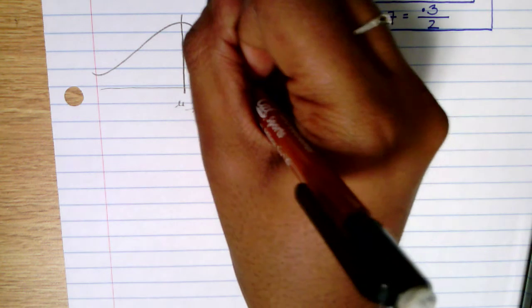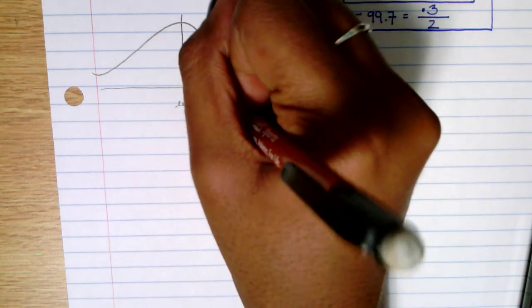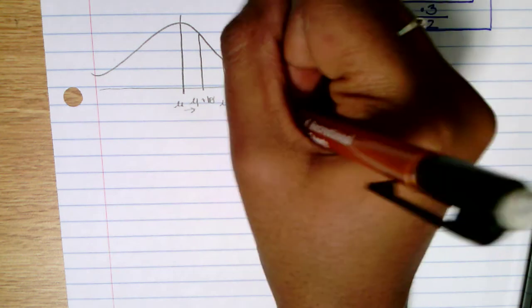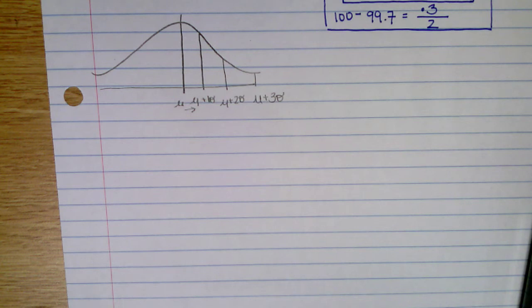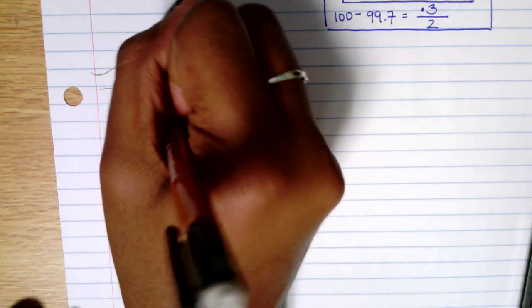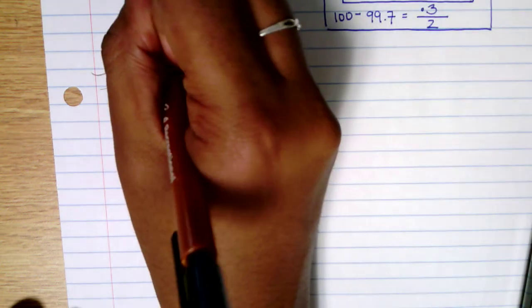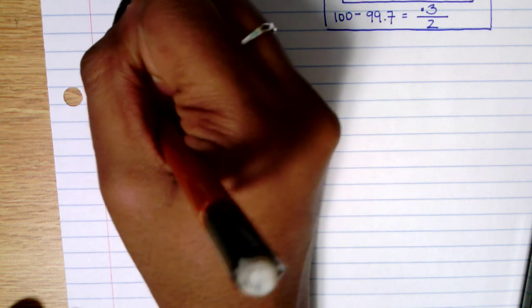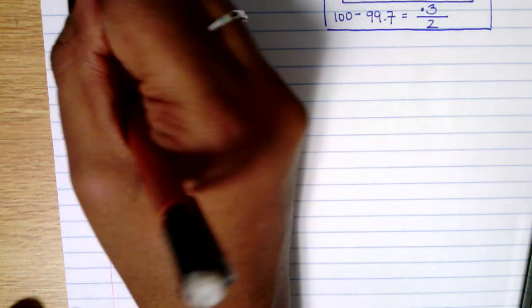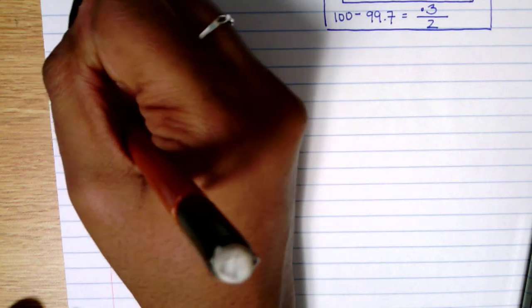Then when we move one more over, it's the mean plus 2 standard deviations, and the last one is the mean plus 3 standard deviations. The same can be said going the opposite way. The first one would be the mean minus 1 standard deviation, the next one the mean minus 2 standard deviations, and the last one the mean minus 3 standard deviations.